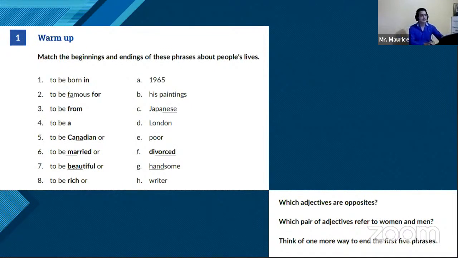Question number 2. I can pick up another student. Let me see it. Moreno Felix, Alfredo, please help me with the question number 2. Which pair of adjectives refer to women and men?